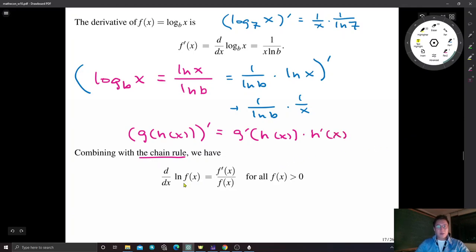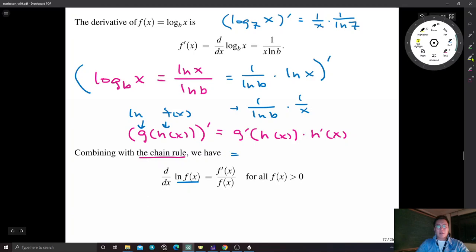So here ln f of x is the composite function with outer function natural logarithm and inner function f of x. This corresponds to the case when g is ln and h is f of x.